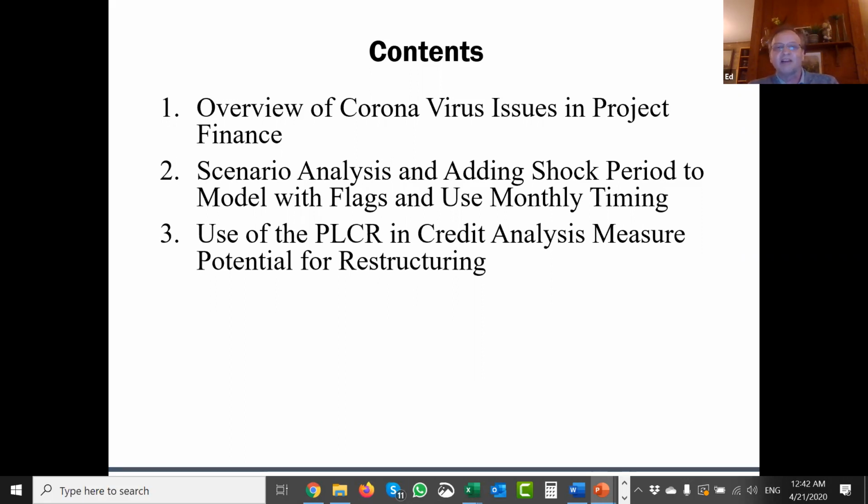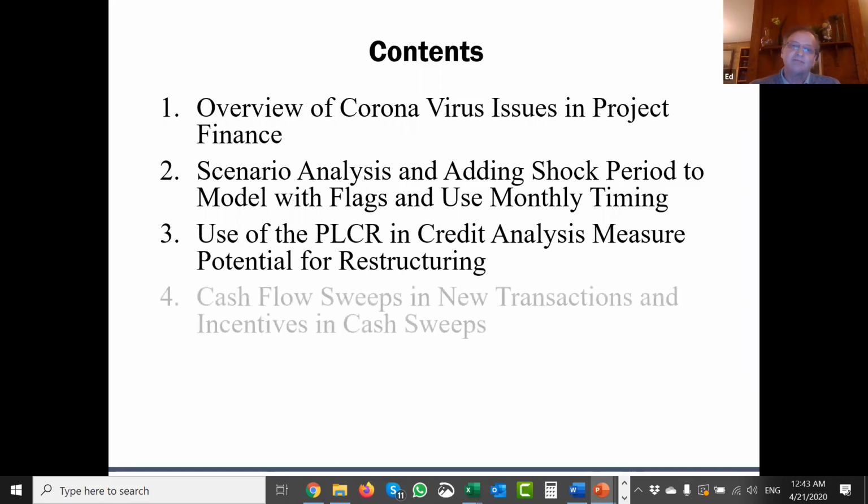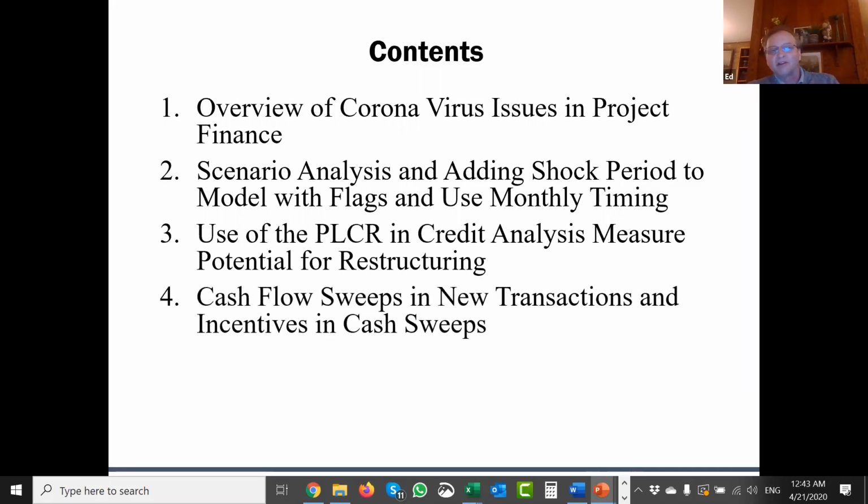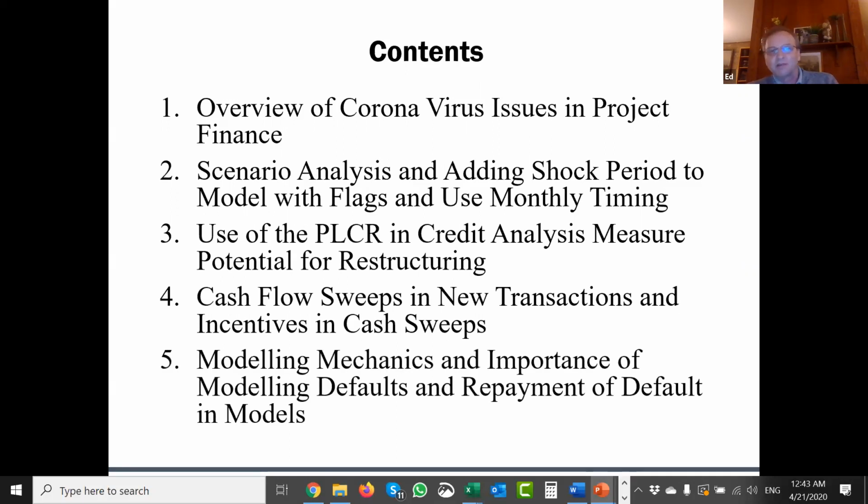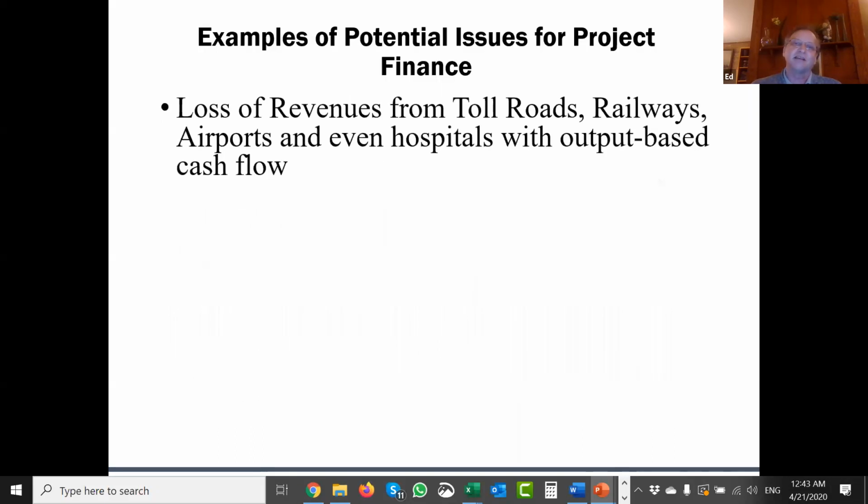It's called the project life coverage ratio. People look at the debt service coverage ratio. We'll look at another one, and that shows you how much potential you have for restructuring the loan. Then I'm going to talk a little bit about cash sweeps. This is much more about lending. And then again, I'll show you some of the modeling mechanics. So I hope to show you the same kind of things.